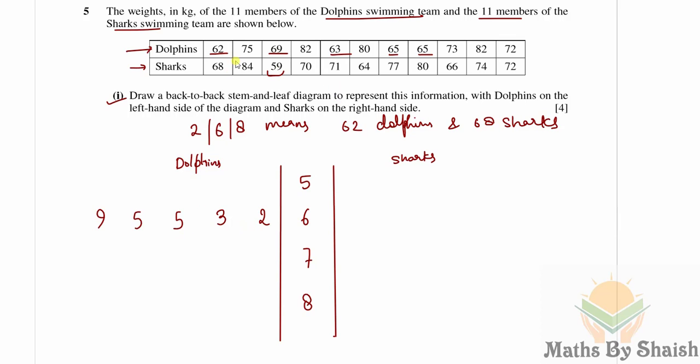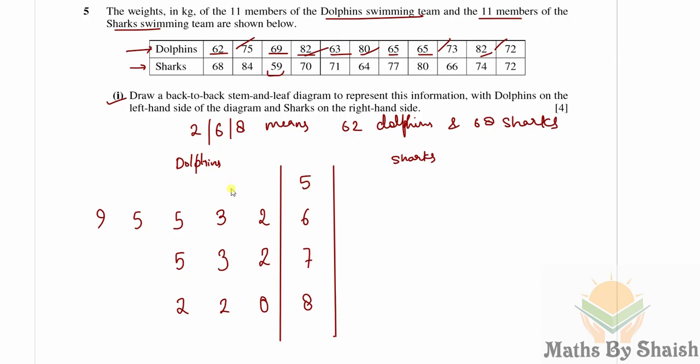Now in the 70s, these are 75, 73 and 72, so in ascending order it is 72, so 2, 73, so 3, and 75, so 5. And in the 80s it is 82, 80 and 82, so 80 comes first, 0, and then 82 and again 82. So that is it for the dolphins.